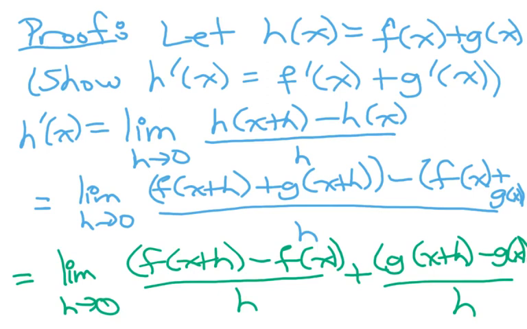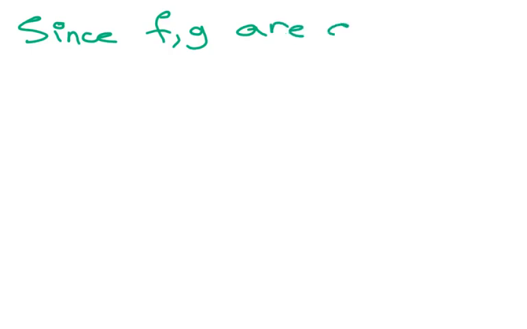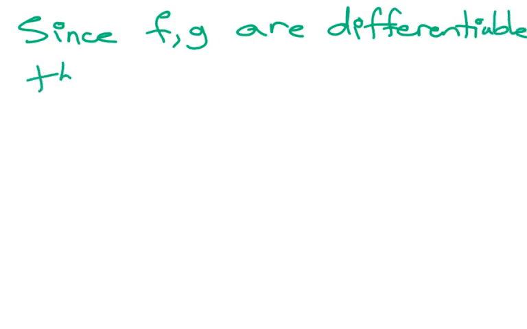All right, so we have just some simple algebra working with fractions, the fact that we can split this up into two fractions, and also combining the f's and the g's together. So since f and g are differentiable, that was part of our theorem, since they're differentiable, the limits exist.